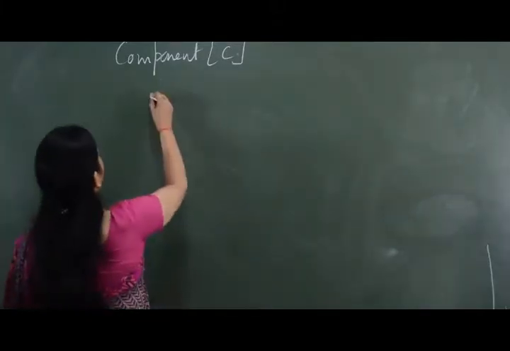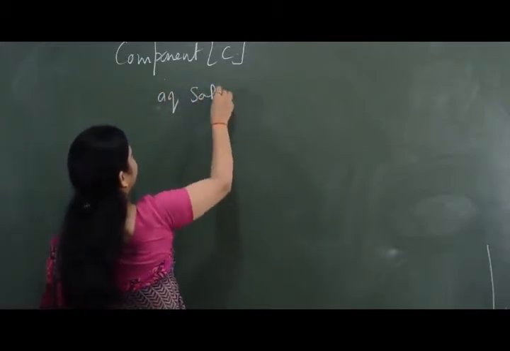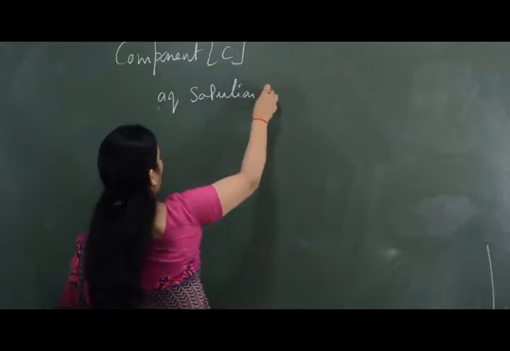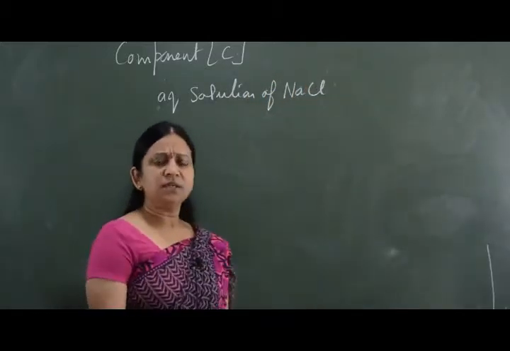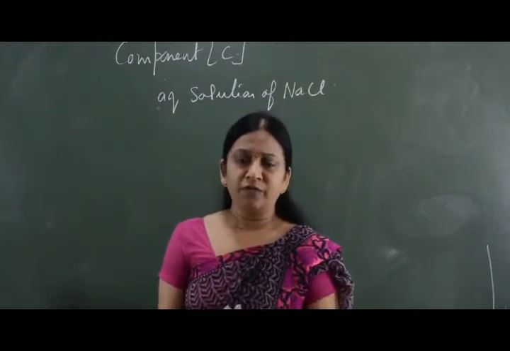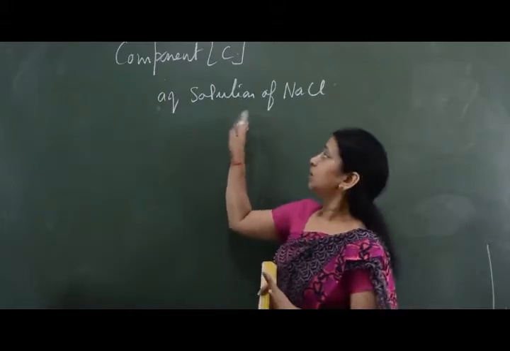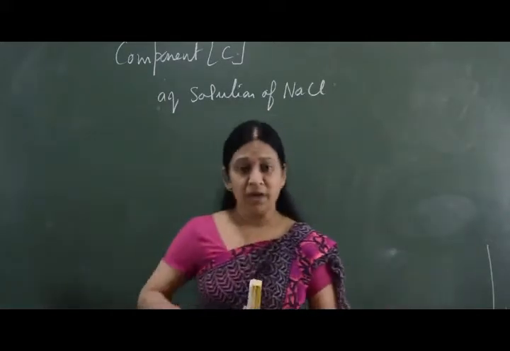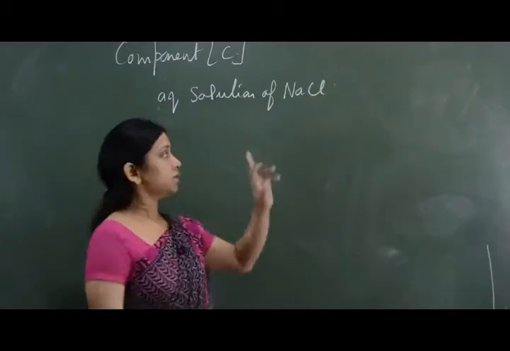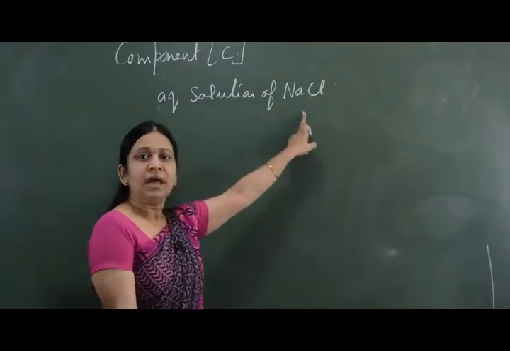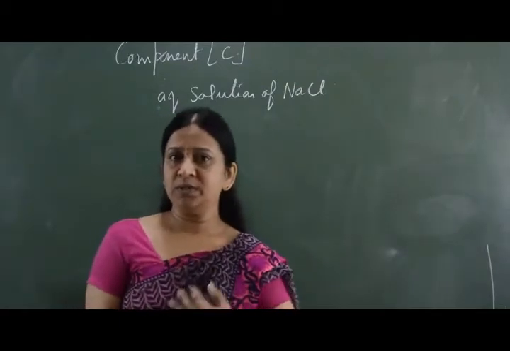For example, if we have an aqueous solution of NaCl, NaCl is completely miscible in water. If we ask how many phases there are, then the phase is 1, because NaCl is soluble in water. If we come to components, then this system has 2 components: one is water, the other is NaCl. So, here we are determining components directly.